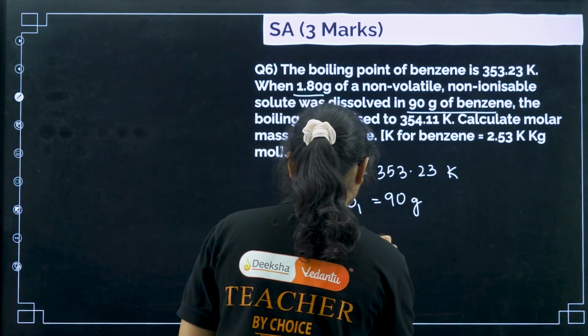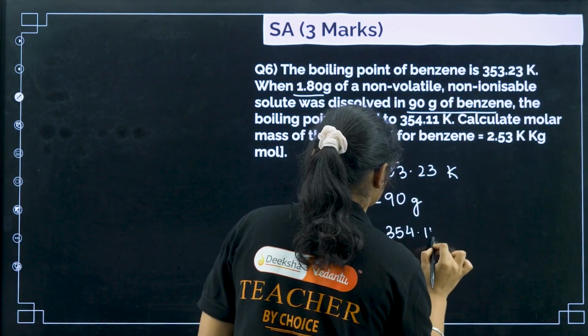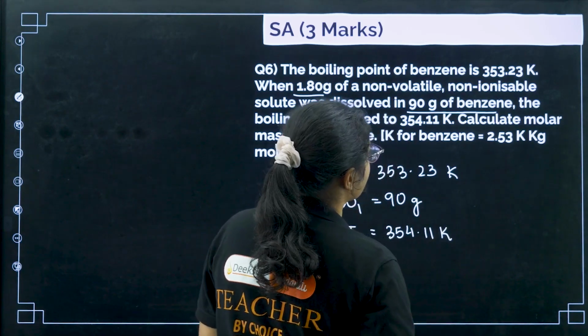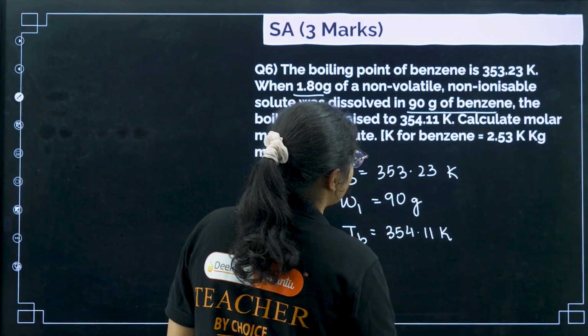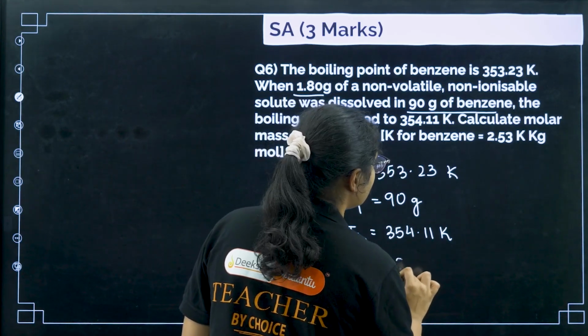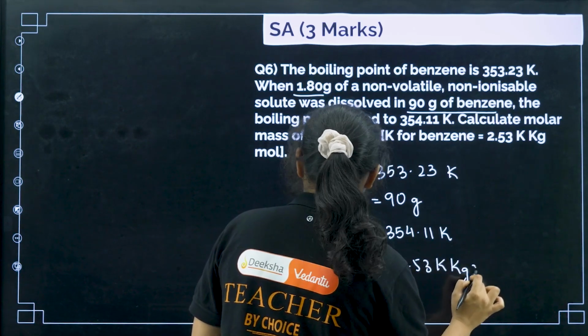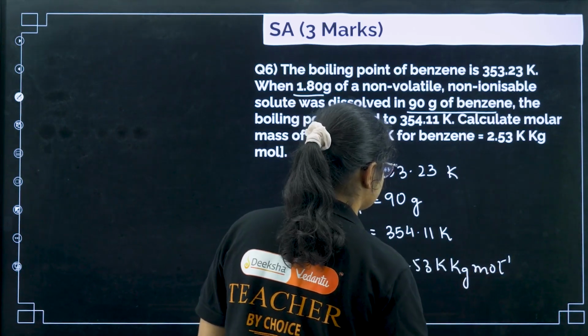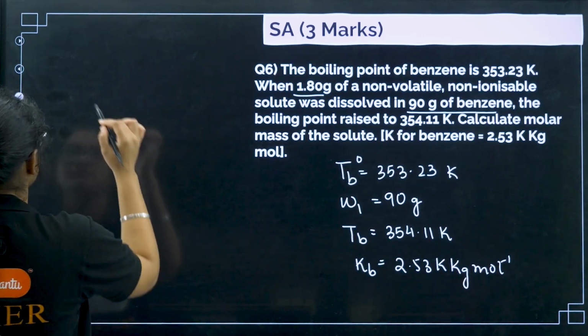So TB is equal to 354.11 Kelvin. Now calculate the molar mass of the solute. The Kb value for benzene is 2.53 Kelvin kilogram mole inverse. So now what we have to calculate is the molar mass of the solute.